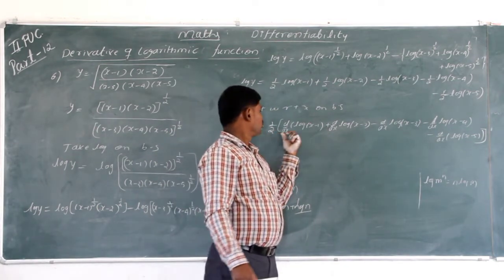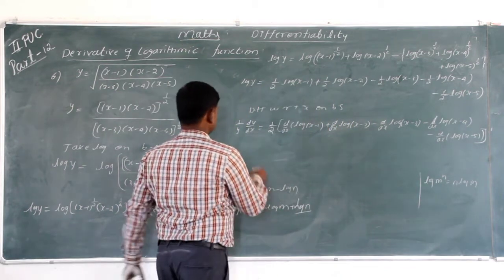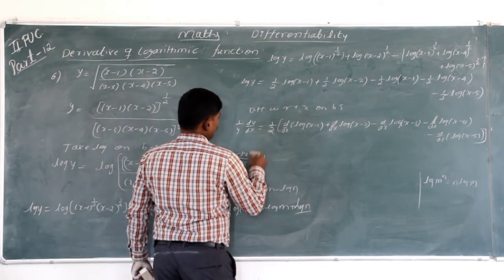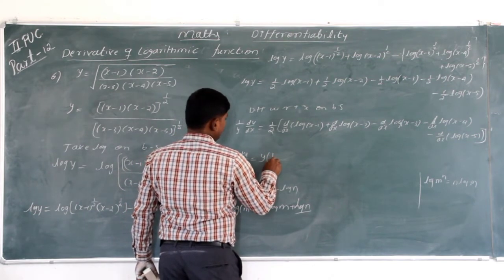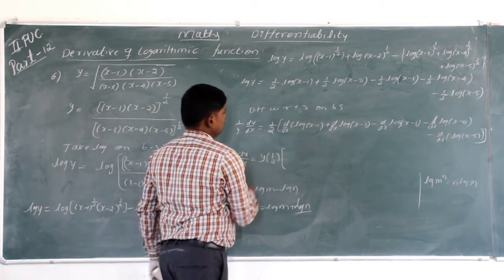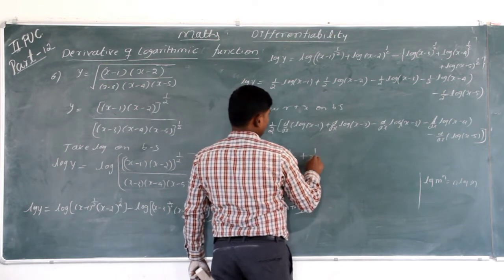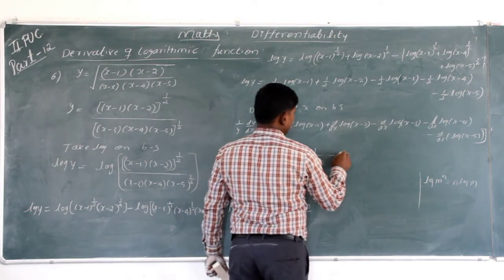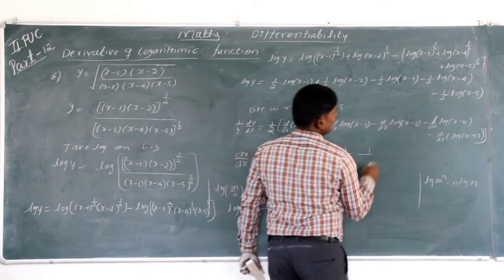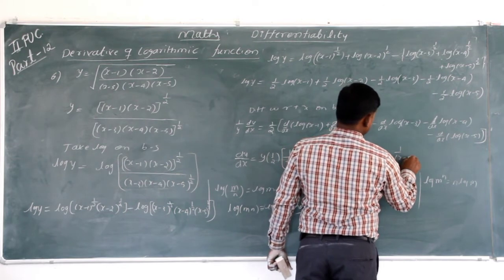So dy by dx is equal to y into 1 by 2, so I take y from here, into the differentiation of this, which is 1 by (x minus 1) plus 1 by (x minus 2) minus 1 by (x minus 3) minus 1 by (x minus 4) minus 1 by (x minus 5).